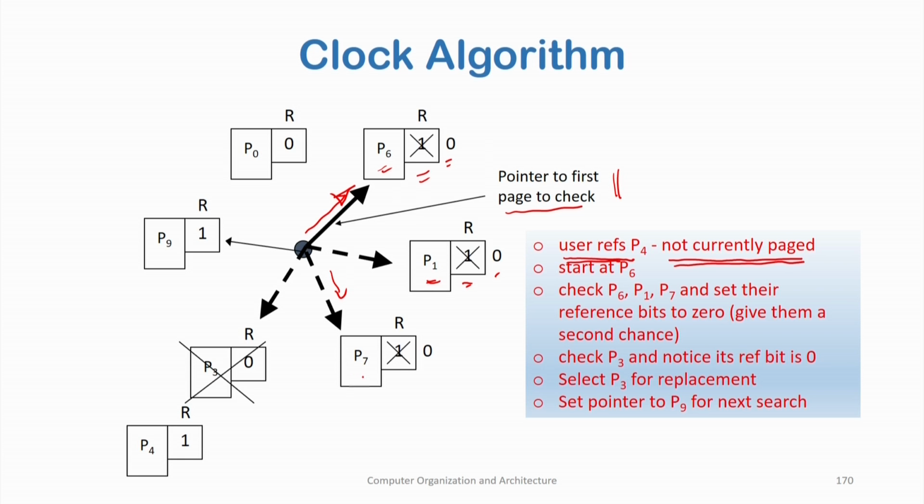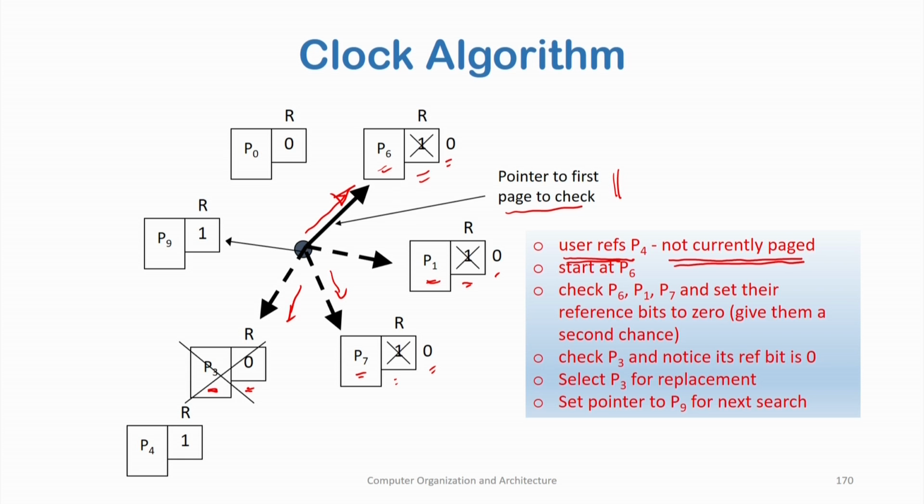The next frame contains page number 7 and the reference bit is 1. So, again I set it to 0 and proceed. When I come to the next page frame, I see that it contains page 3 and the reference bit for page 3 is 0, which means that in the current time interval page 3 was not accessed.